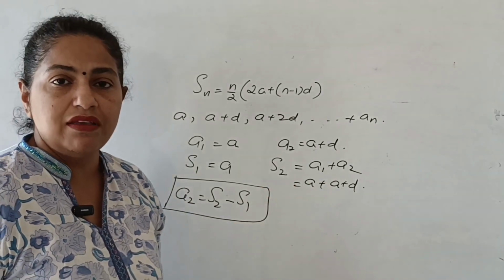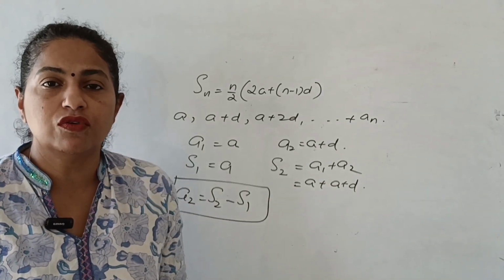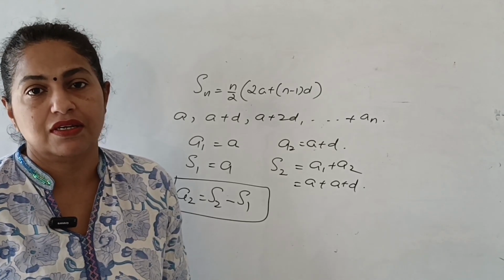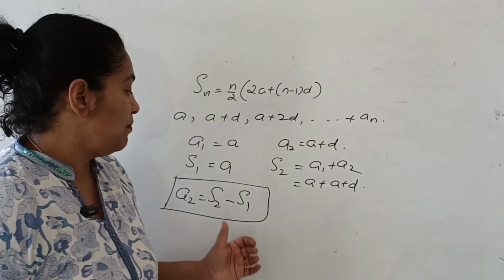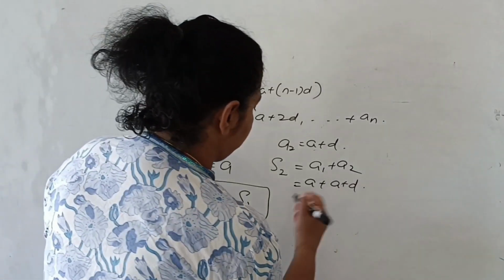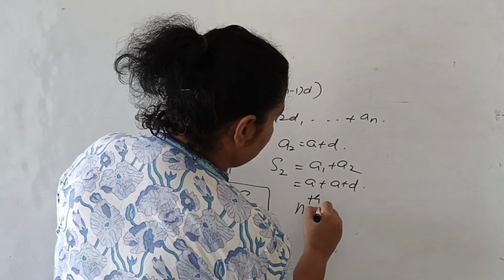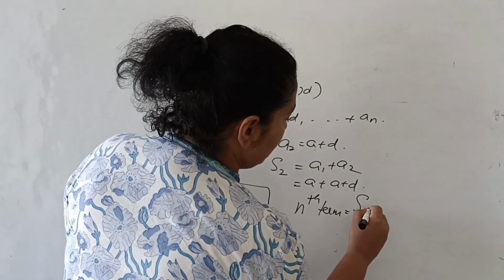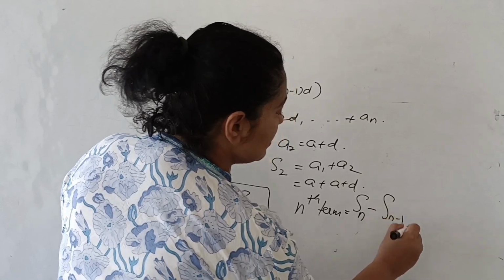The second term is equal to sum of the first two terms minus the first term. Basic logic, right? So, by using this concept, we can say that nth term is equal to sum of n terms minus the sum of n minus 1 terms.